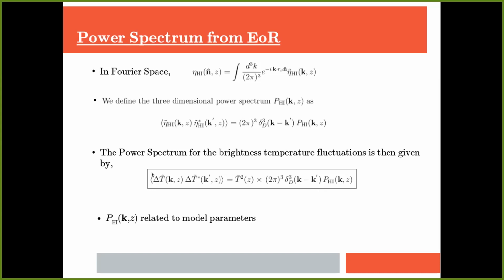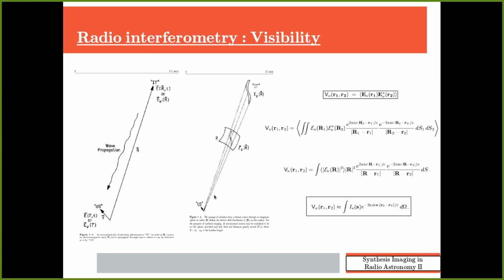So the question becomes, how do we determine this brightness temperature fluctuation correlation using some radio interferometric observation? For this, let me first start with the quantity called visibility, which is the basic quantity that is measured in any radio interferometric observation. So the idea here is that here is an electric field in the sky that is generating some electromagnetic wave that is propagating through this intergalactic medium and reaching us at this small r vector on Earth, right?